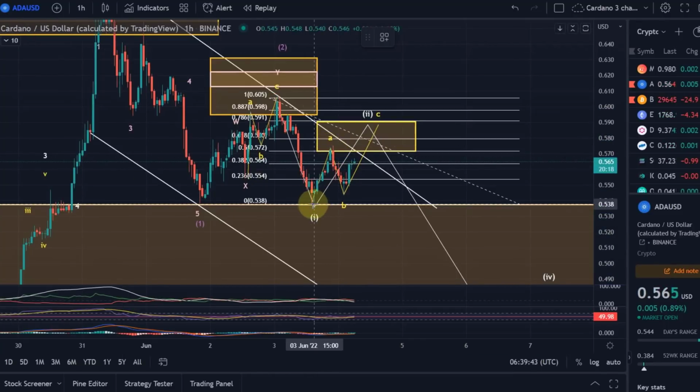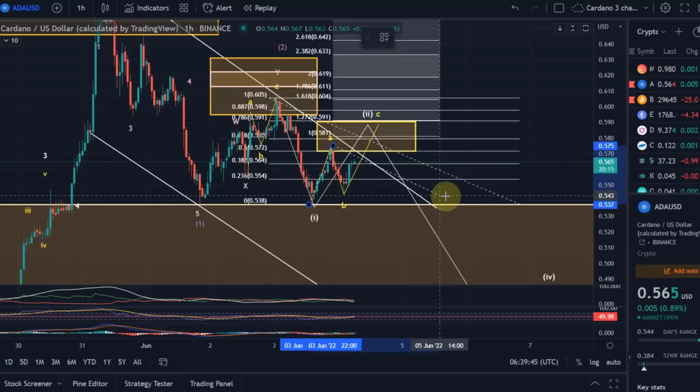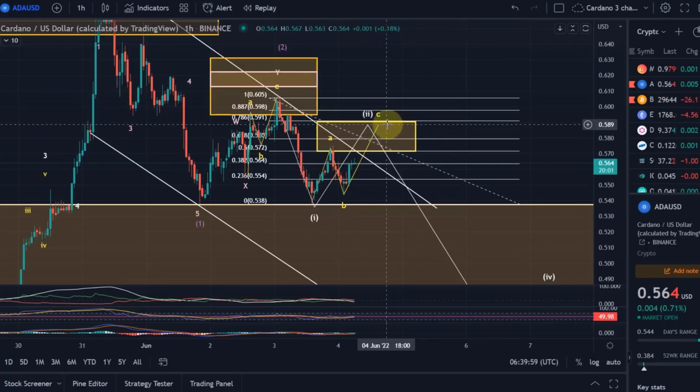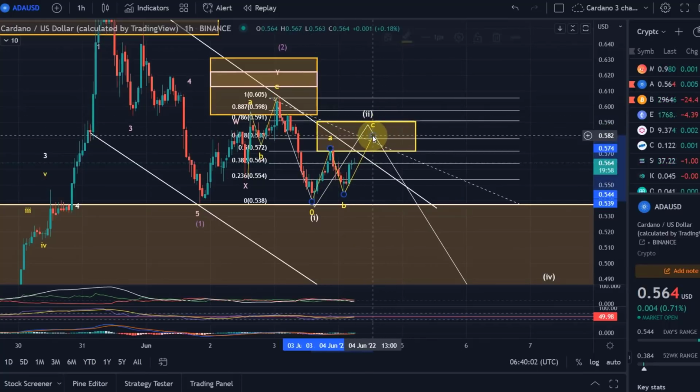To calculate the 1.618 multiple, we can take the Fibonacci extension tool. That would even take us to 60.5 cents, which would be a bit too high. But if we calculate the 100% multiple, then 58.2 cents, that would be around the 61.8% Fibonacci retracement level. So this is pretty much where that wave C should ideally land.